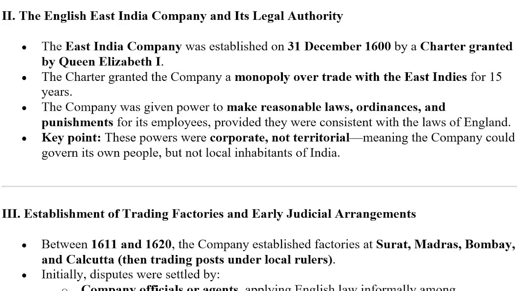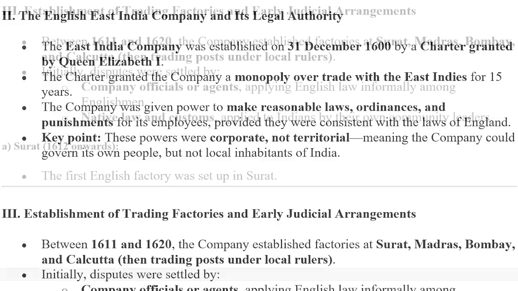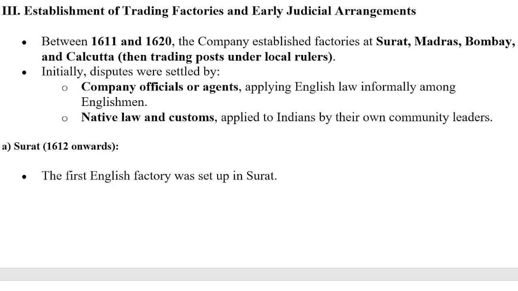Between 1611 and 1620, the company established factories at Surat, Madras, Bombay and Calcutta. These were trading posts under the local rulers of those areas.